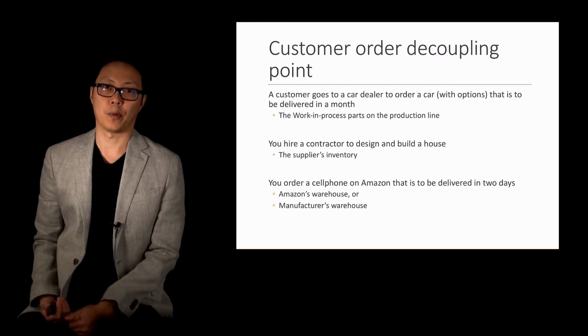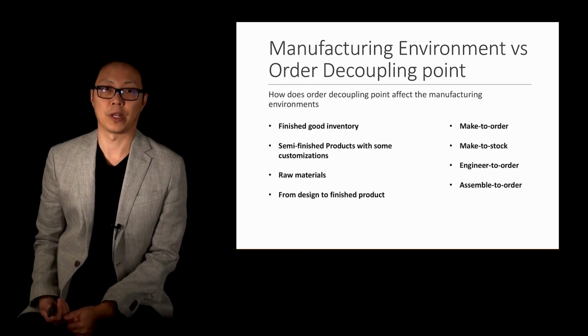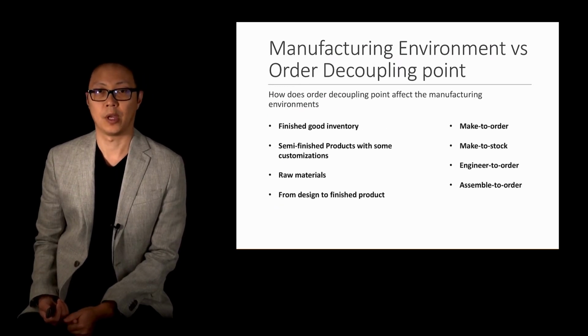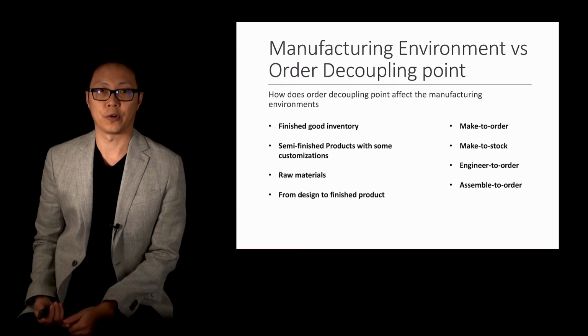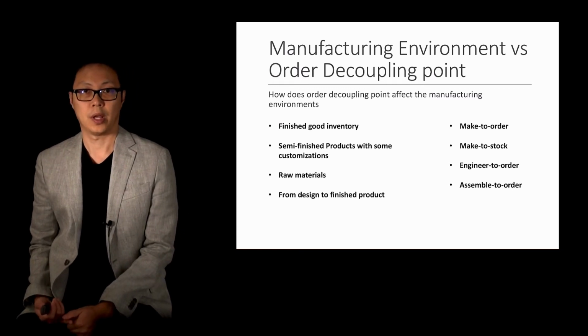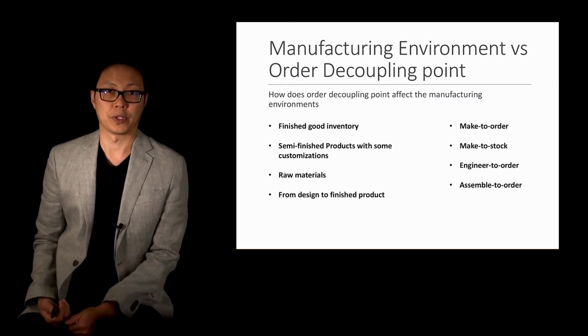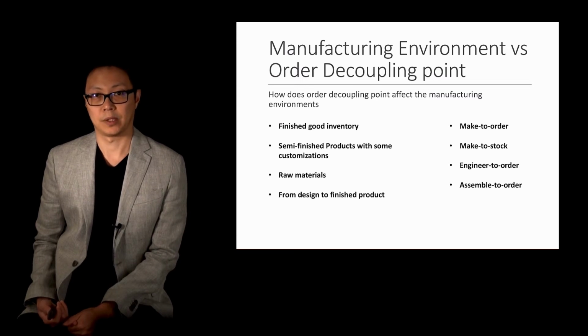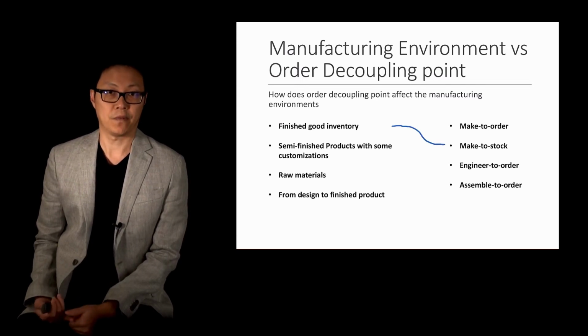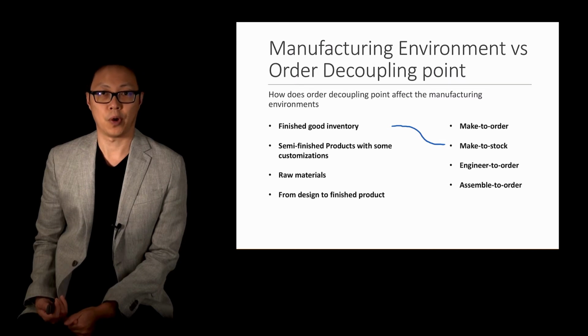The order decoupling point can also affect manufacturing environments. When the finished good inventory is a decoupling point, the product is usually produced in the make-to-stock environment. When the semi-finished product is a decoupling point, then it is often an assemble-to-order environment.